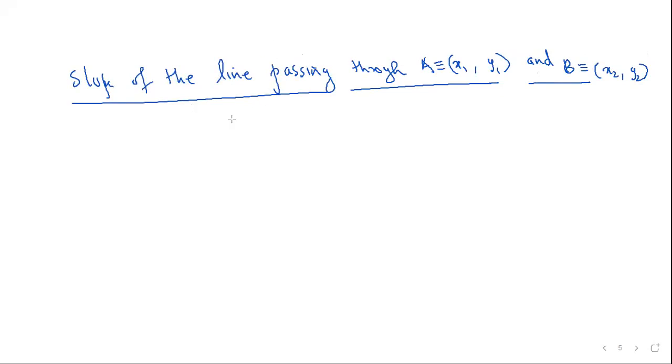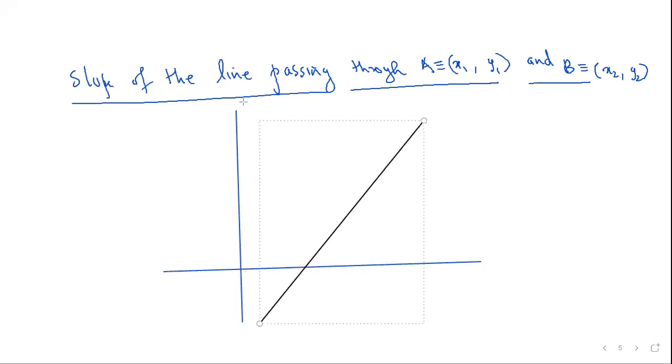So draw the x-axis and y-axis, draw the line, and mark 2 points here. I'll put A down and mark this point B, x2, y2.